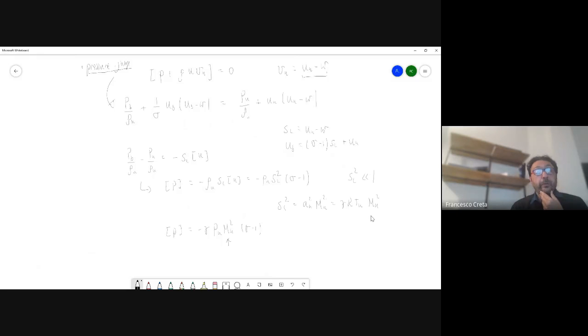So again, we find that the jump in pressure is really of the order of the Mach number squared. So it's a very, very small jump. The hydrodynamic pressure does change, but the jump is extremely small, because the Mach number is very small.